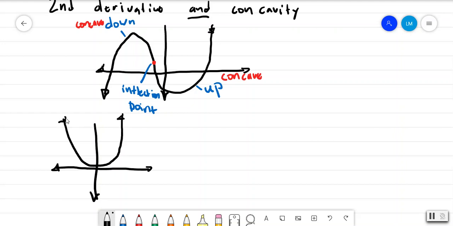I would say that this one is concave up, and I'm going to use just this little U symbol. It is concave up from negative infinity to infinity, but here there is no inflection point.